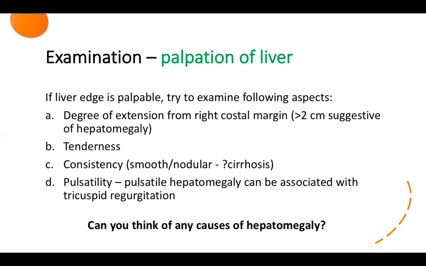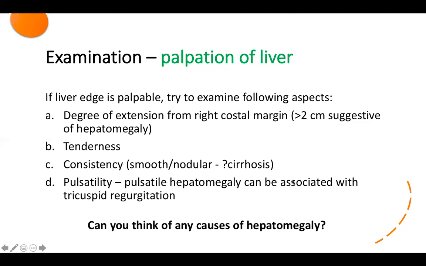So what do you guys think would cause an enlarged liver? Just shout out some answers. Yeah, that's great. Hepatitis. Yeah, that's good. Yeah, right. Heart failure. So in terms of enlarged liver, there are loads of causes.